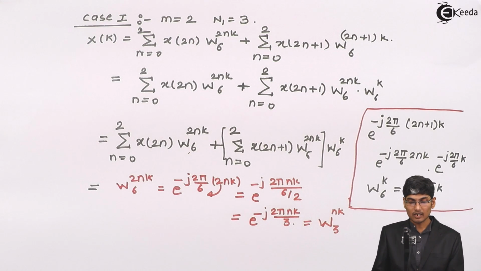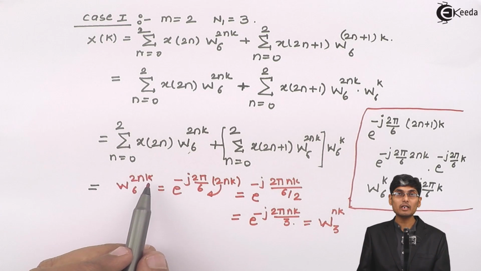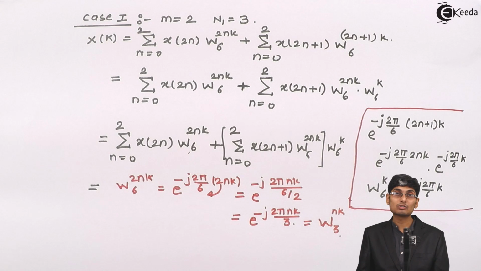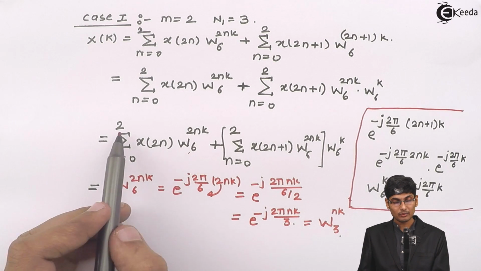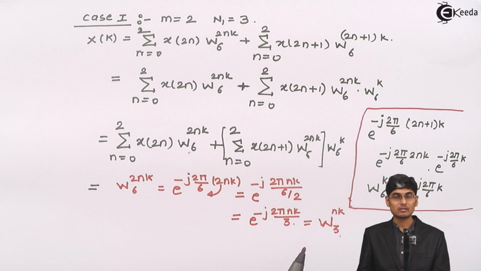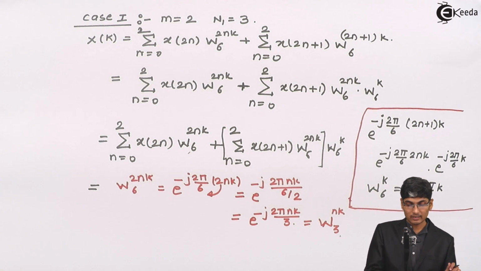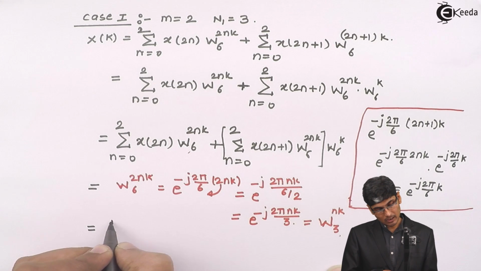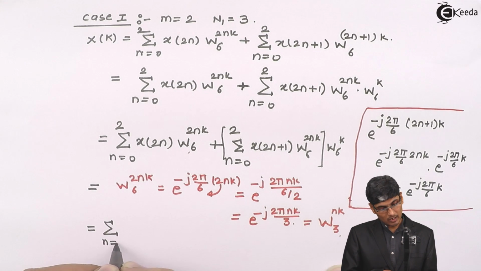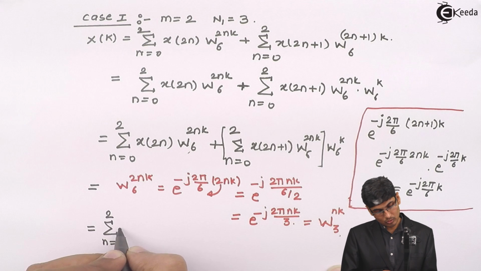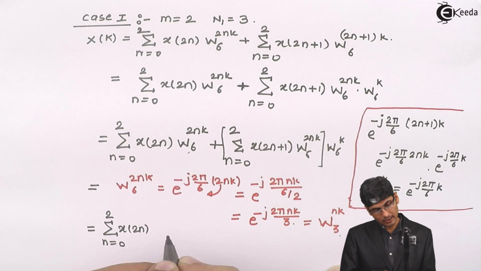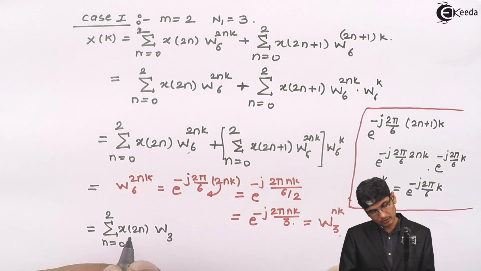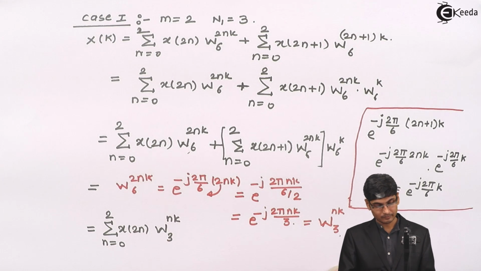Correct? So I started with W6 raised to 2nk and I end up with W3 raised to nk, which gives me the periodicity over here as 3. Okay, so to adjust that term, I did this manipulation. Now this term becomes summation n goes from 0 to 2 of x of 2n W3 raised to nk.